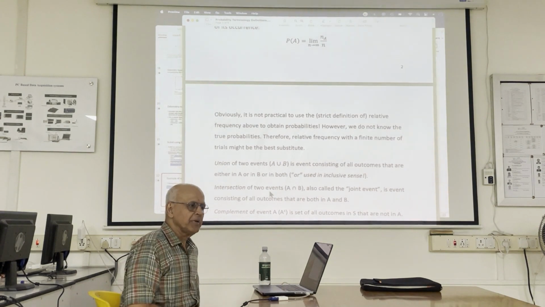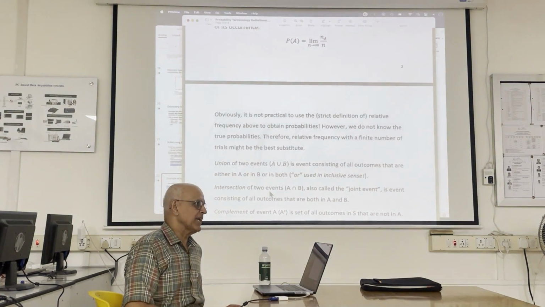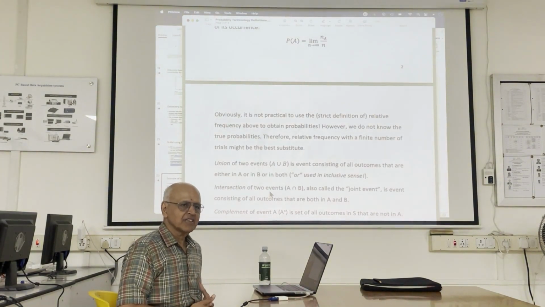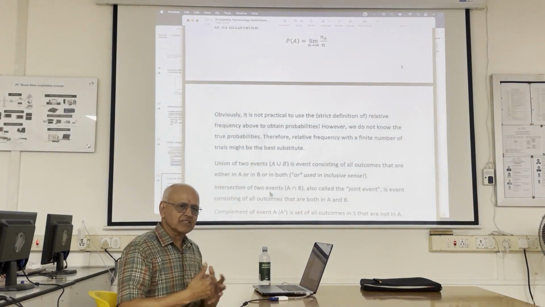If you're familiar with Venn diagrams, they are an attempt to graphically indicate this concept of events and outcomes, and where A union B sits.